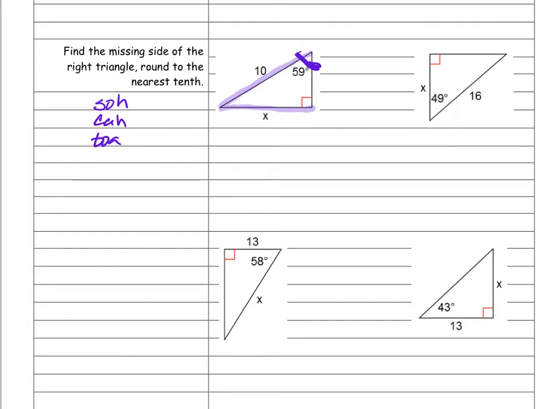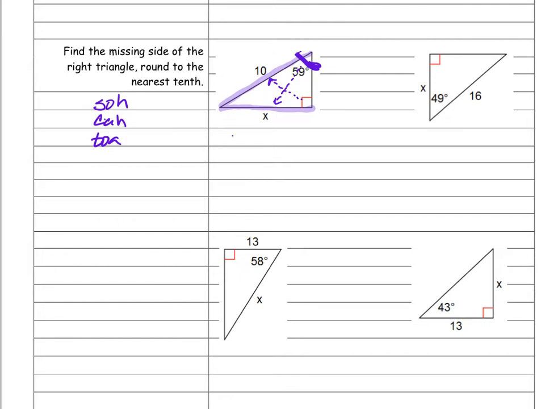Well, they've given me the hypotenuse because it's what the right angle is pointing to. And they've given me the side opposite because it doesn't make the angle. They haven't given me the side that makes the angle. So they've given me the two that I have to go through the triangle to get: the side opposite that angle and the side opposite the right angle, which is the hypotenuse. So that's opposite and hypotenuse, which is sine.